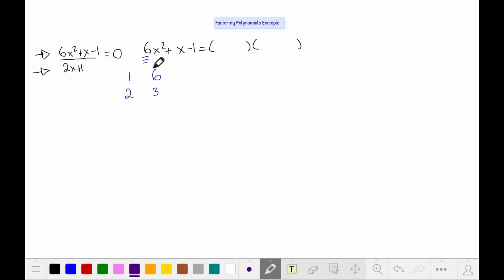Because remember, we want to multiply by nice clean numbers. So in the previous example, the number in front of the x squared was a prime number, which means that they gave us just the one choice. 6 is not a prime number, so we've got multiple choices to choose from. But there's actually a little trick to help us choose between the 1, 6 and the 2, 3.